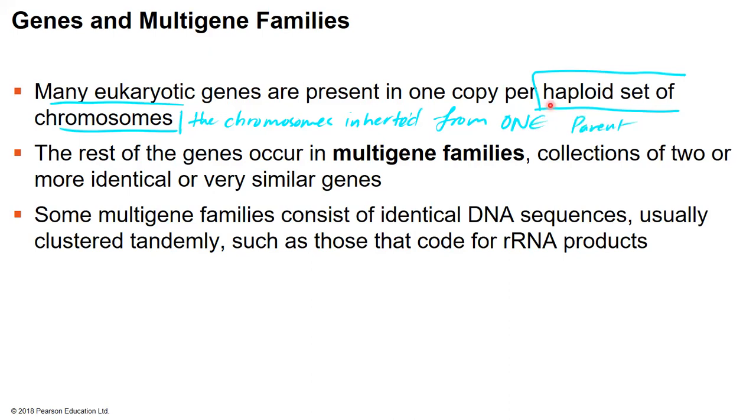The haploid set is the chromosomes that you inherit from either your father or your mother. This is what is meant by one copy per haploid. Okay. But some genes might be present in more than one copy per haploid genome.